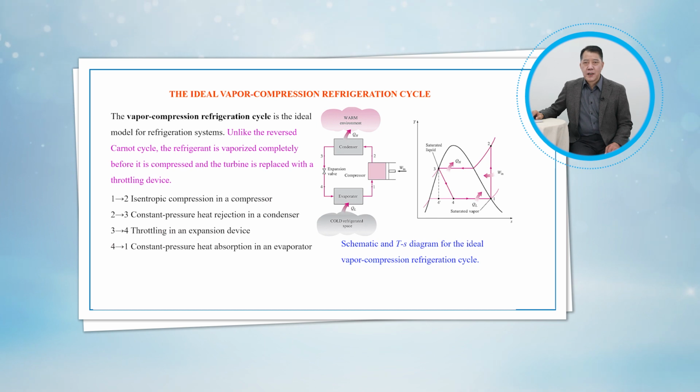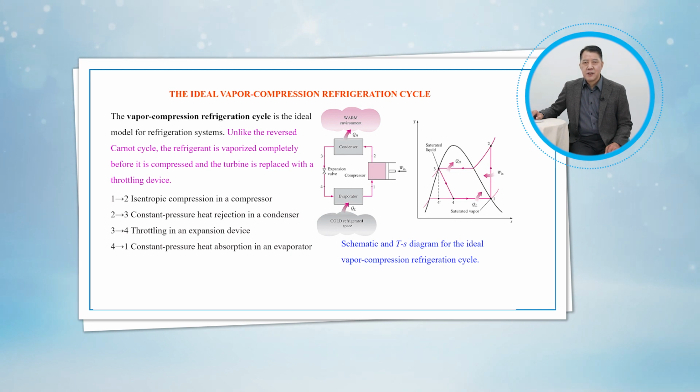The vapor compression refrigeration cycle consists of four processes. 1. Process 1 to 2 is the isentropic compression in a compressor. 2. Process 2 to 3 is the constant pressure heat rejection in a condenser. 3.